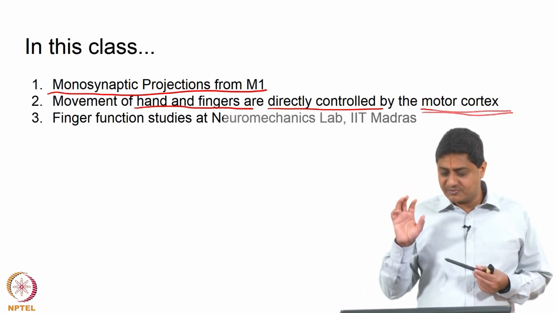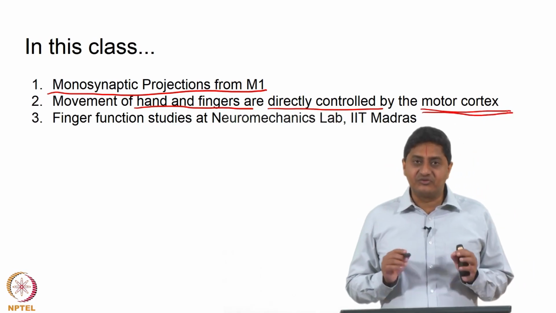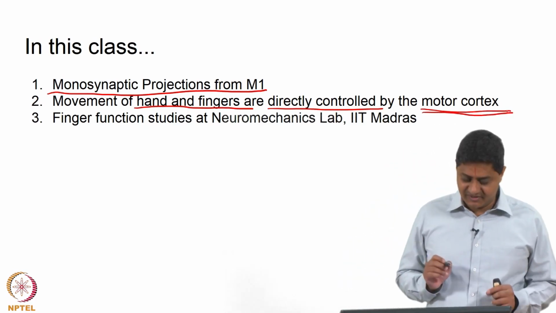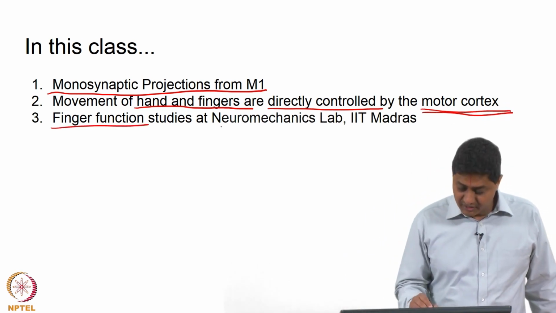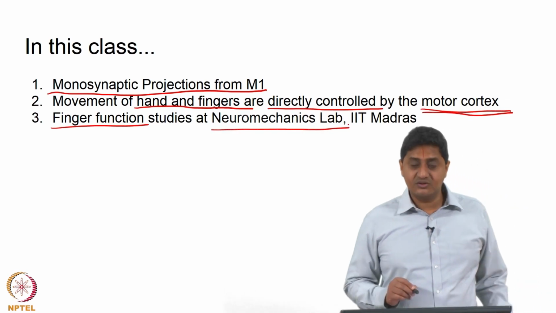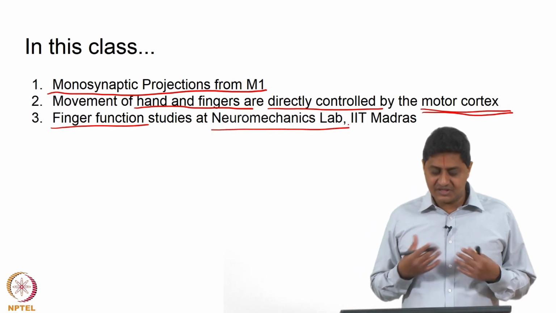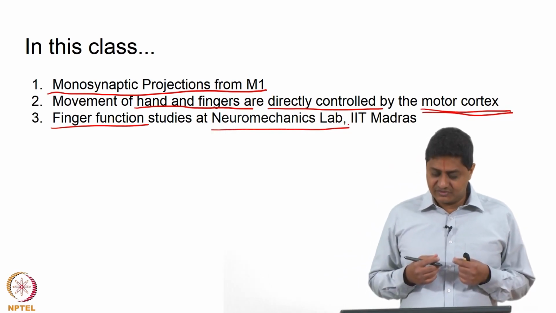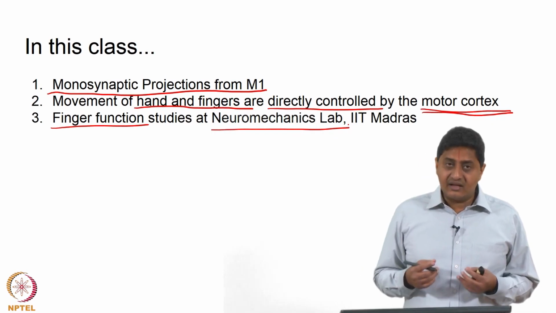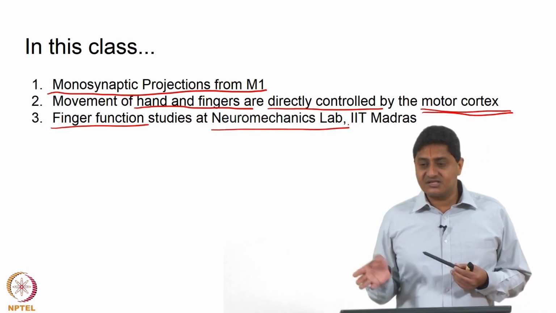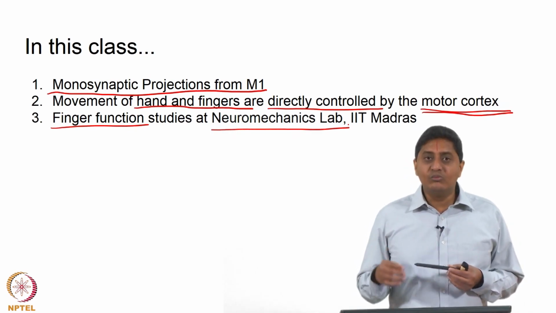So, the distal most parts of the upper limb, the hand and fingers, are very special in humans. They are very special, which is also the reason why we study finger function at our lab at IIT Madras. So, we have the neuromechanics lab at IIT Madras. In our lab we study hand and finger function. Why? Because we believe that the hand and fingers serve as the model system for studying the human movement control system.